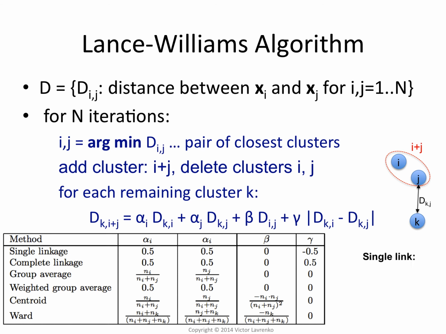Let's see why that is the case. If I plug in those constants, the new distance between cluster K and the cluster I plus J is 1/2 of the distance between K and I plus the distance between K and J minus the absolute value of the difference of the two distances.